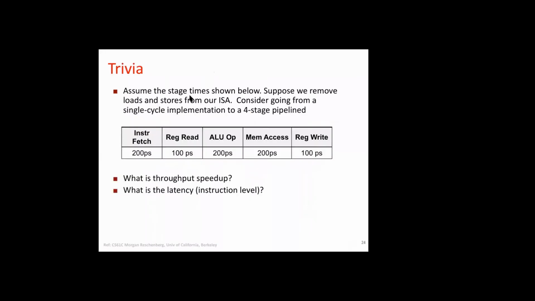Okay. So there is a trivia which says: if you remove loads and stores from our instruction set, and consider going from a single cycle implementation to a 4-stage pipeline, what will happen? What is going to be the speedup and what is going to be the latency?